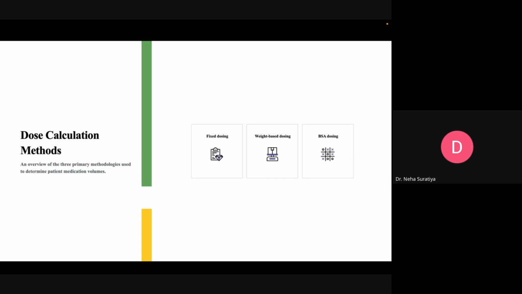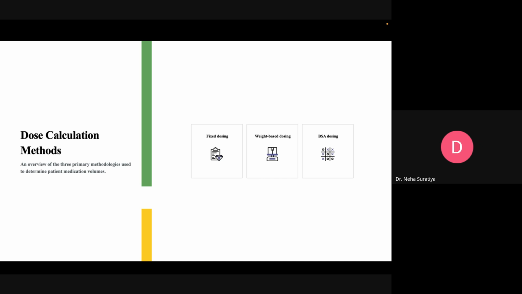So for that reason, according to the drug's distribution and clearance, we need to maintain a therapeutic level in the patient's body, and that is maintained appropriately through the weight calculation. And that is what weight based dosing is, mg by kg.